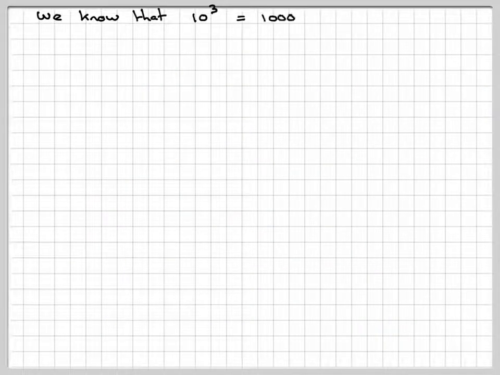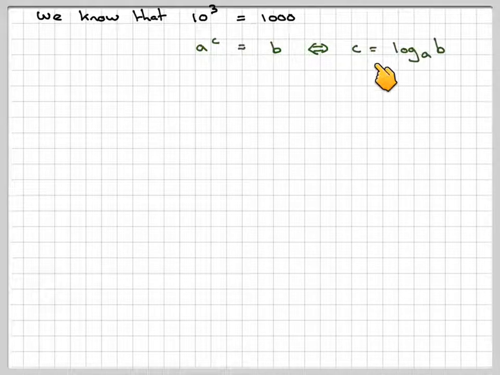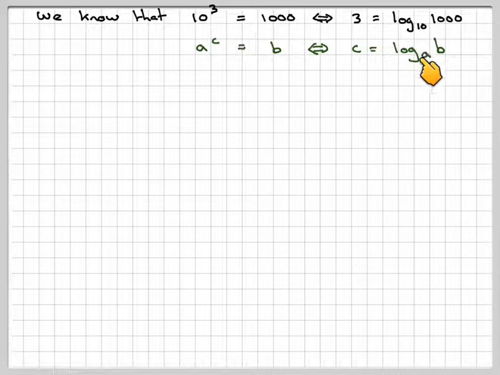We know that 10 cubed is equal to 1000. So if we apply that a to the c is equal to b, writing it this way round, c is log a of b, which means here 3 is equal to log to the base 10 of 1000. We need to be able to write it like that.